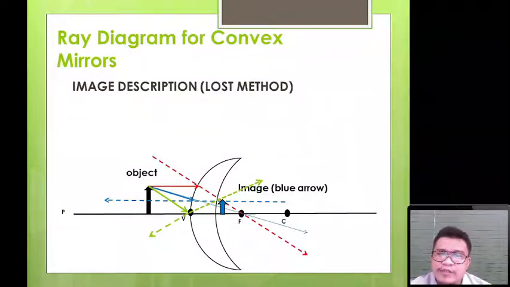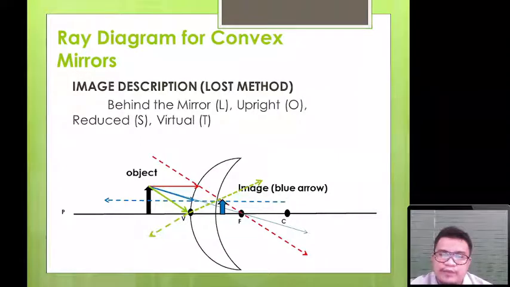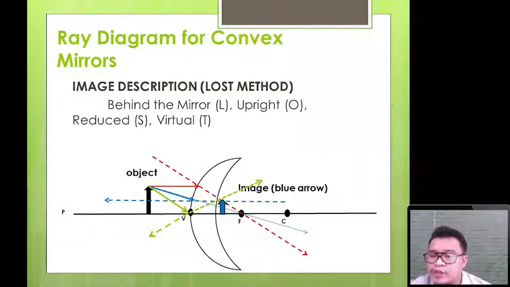Now, how do we describe this image using the LOST method? So location is behind the mirror because it's located on the other side, right? And upright, why did I know that it's upright? Because it has the same orientation as that of the object.